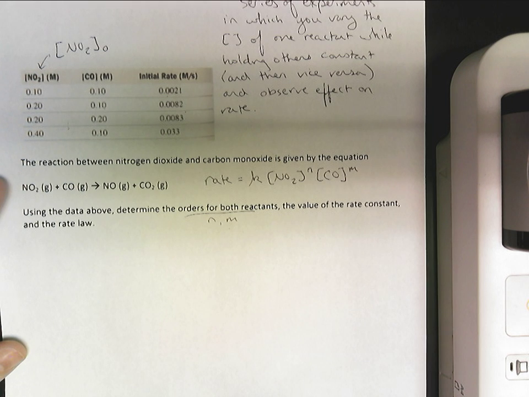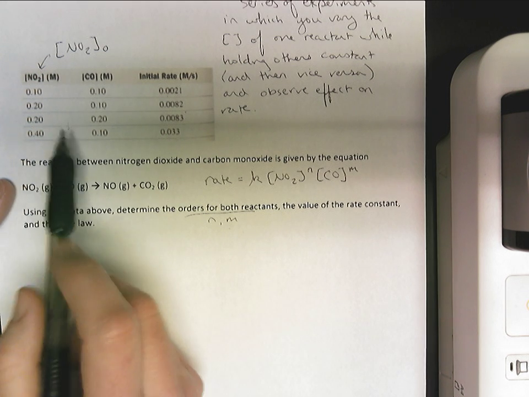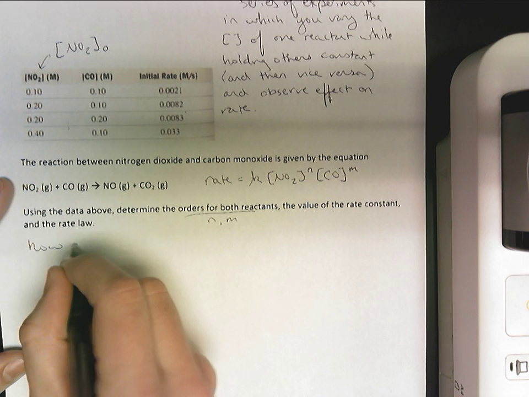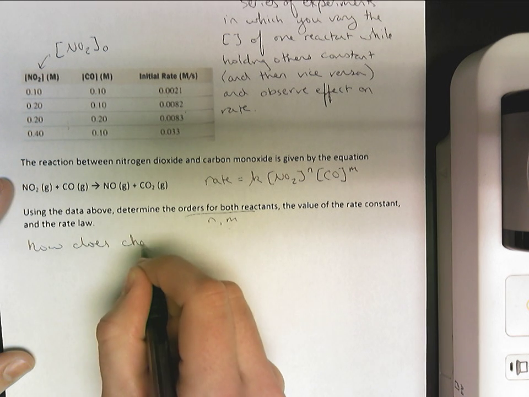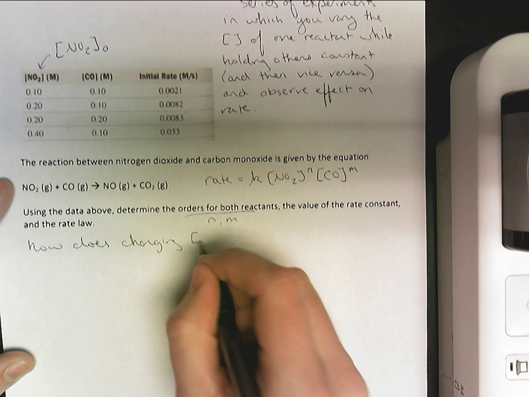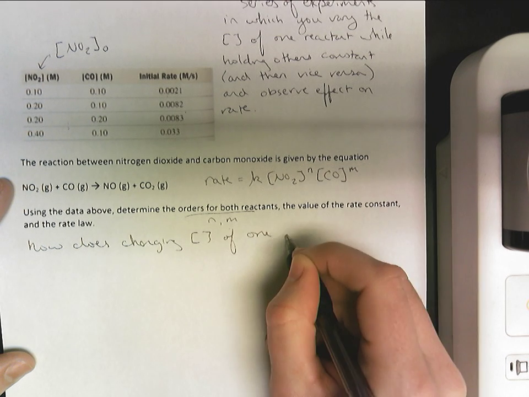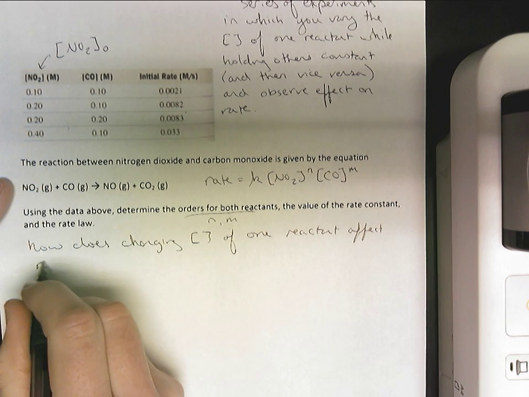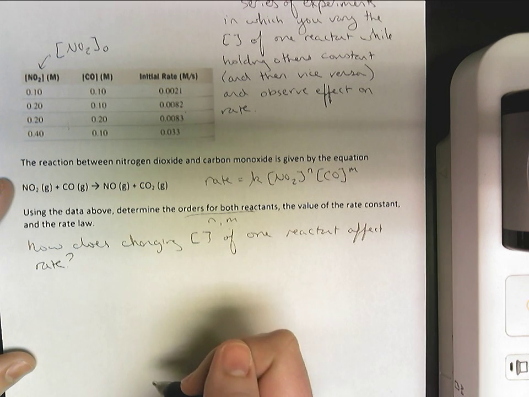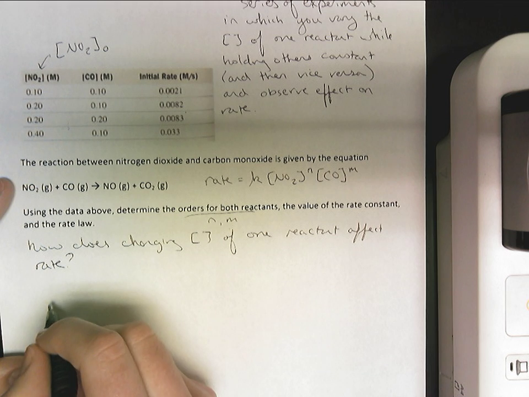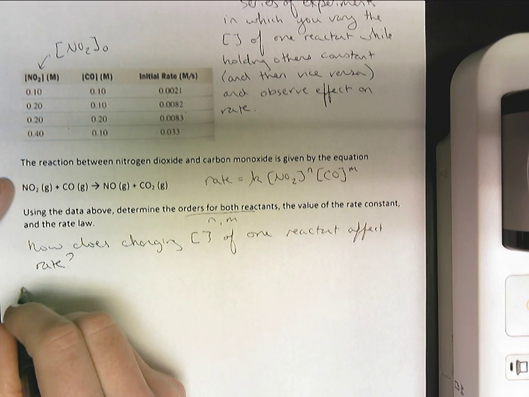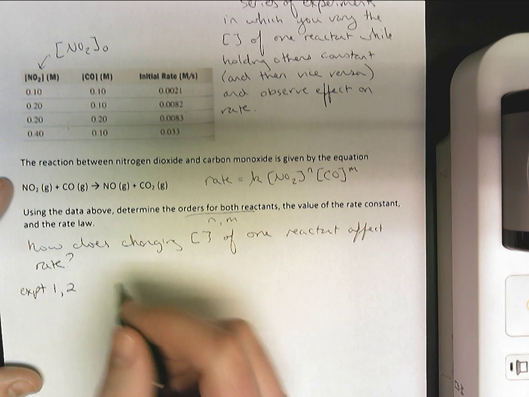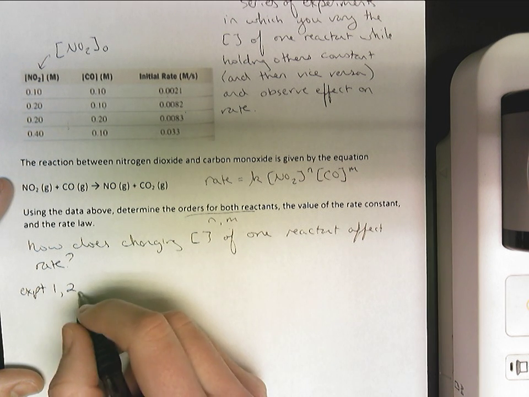So how am I going to do this? Well, we've got my series of experiments. I want to see how changing the concentration of one reactant affects rate. This is what you're going to be looking for. So in these cases, I'm going to be looking at ratios. For example, in experiments 1 and 2, the first two, I see that NO2 is doubled as you go from 1 to 2.